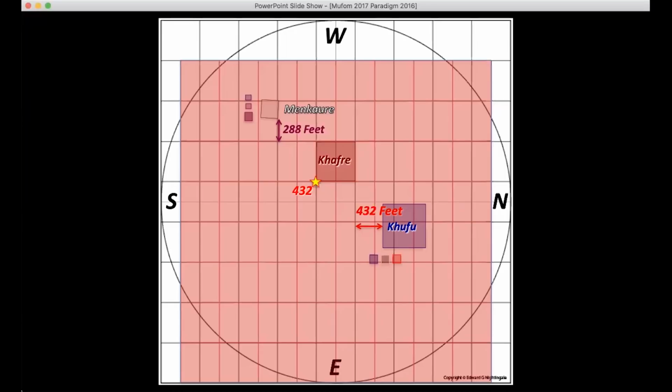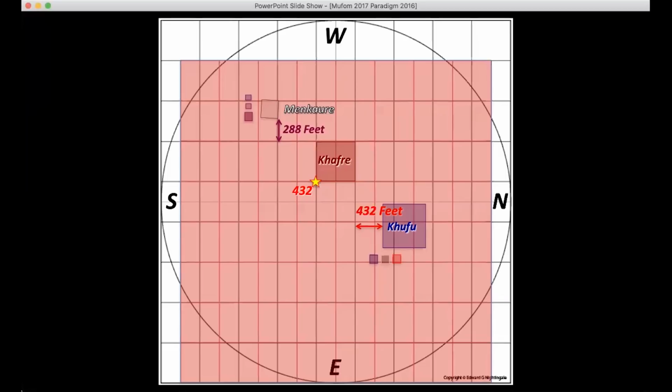Then to the north, we're going to place the pyramid of Khufu, and we're going to place Khufu using the 432 feet from the northern face of Khafra north.